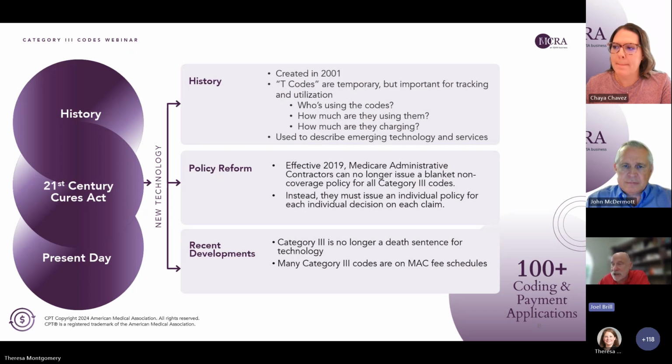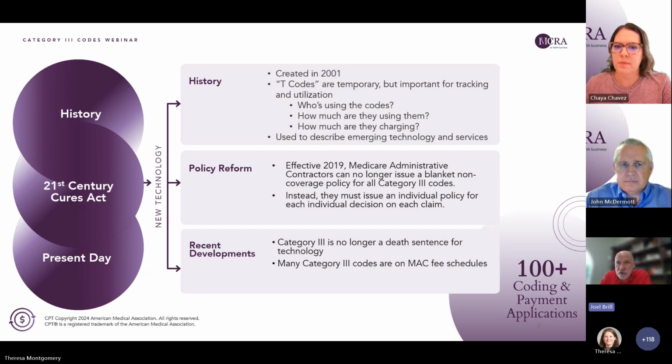But they were doing that in part to respond to a need that had been expressed by a variety of stakeholders. The original concept was indeed to be able to track emerging technologies and use these codes in order to better understand them, because as Chaya said earlier, an unlisted code is not otherwise specified, so you didn't know exactly what was being performed.